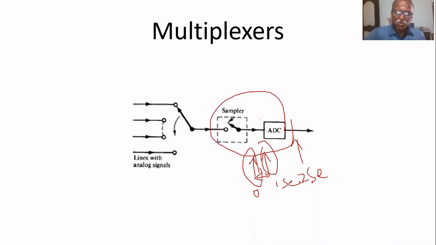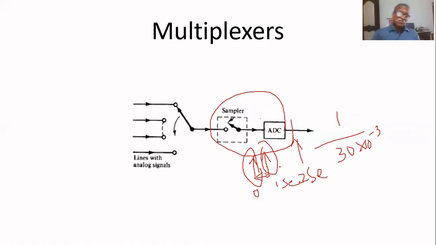Suppose it can give its value within 30 milliseconds, 30 milliseconds between 1 second. So in 1 second, 30 milliseconds, that is 10 power minus 3. Here the sampling period is 1 second.